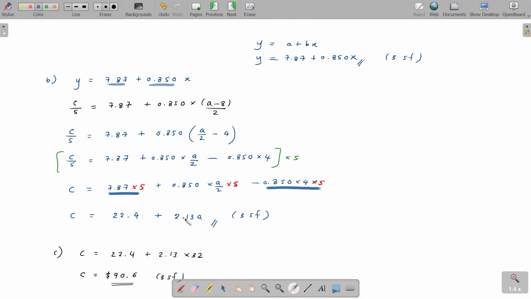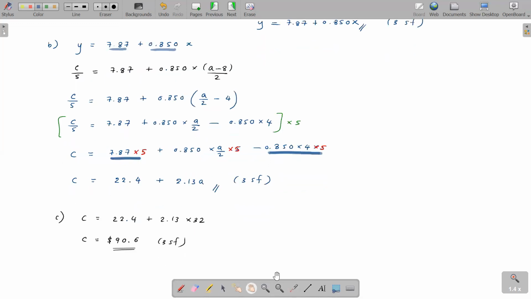And then, of course, when you select the 3SF, you will definitely get this. This won't change, because the more decimals you use will not change the 3SF answer. Okay, so if you use around 6SF here for these two, you will get these values with a longer decimal. And then what you can do is when you input the value A as 32 into that longer equation, the one with more decimals, your answer to 3SF will definitely be correct.